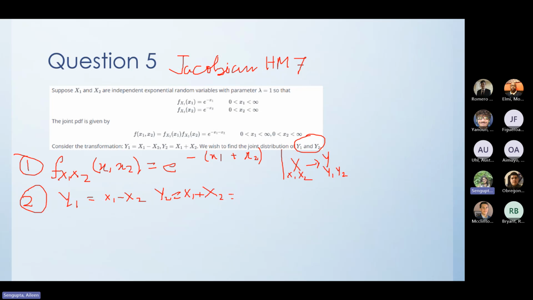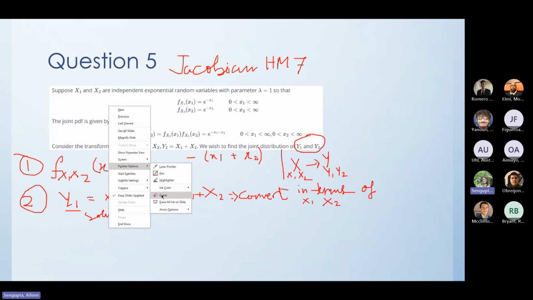Your second step is to convert this expression in terms of x1 and x2. Now, what I mean by that is you have to find out, this is y1 and this is y2. Okay? Solve simultaneously.